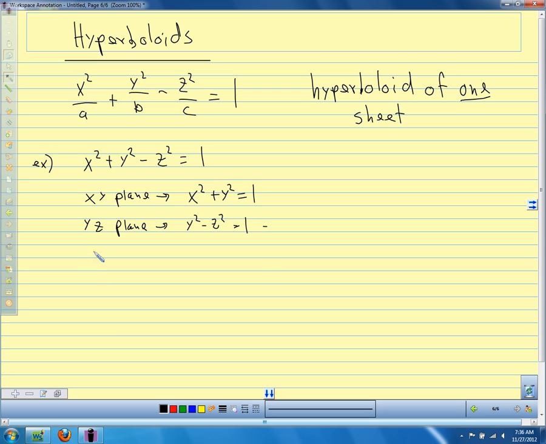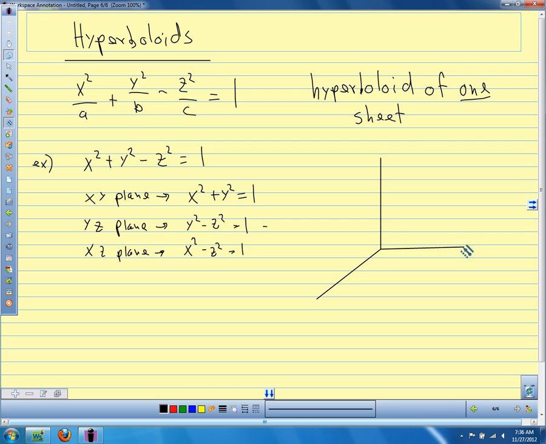And in the xz plane, I have x squared minus z squared equals 1, which is another hyperbola. So if I were to sketch a very quick sketch of this, then when we do the other one, we'll see why they call this one a hyperboloid of one sheet.